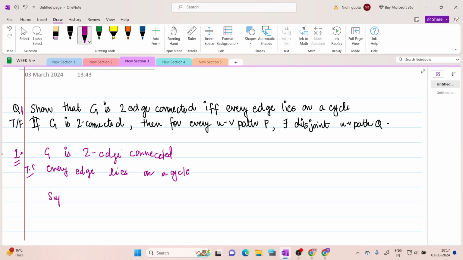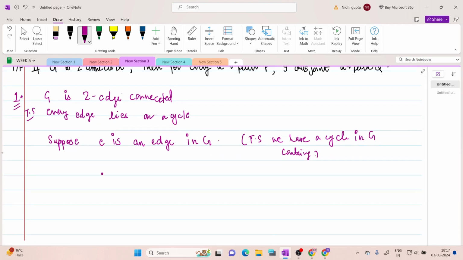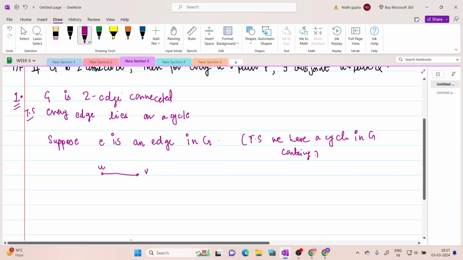Now why do you think it is true? Suppose e is an edge in G. Now we have to show that we have a cycle in G containing e. So suppose e is an edge uv in G, and we are given that G is 2 edge connected.